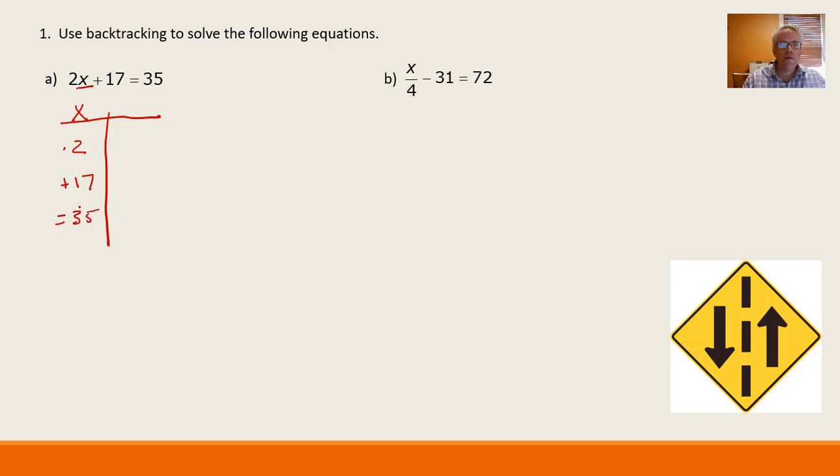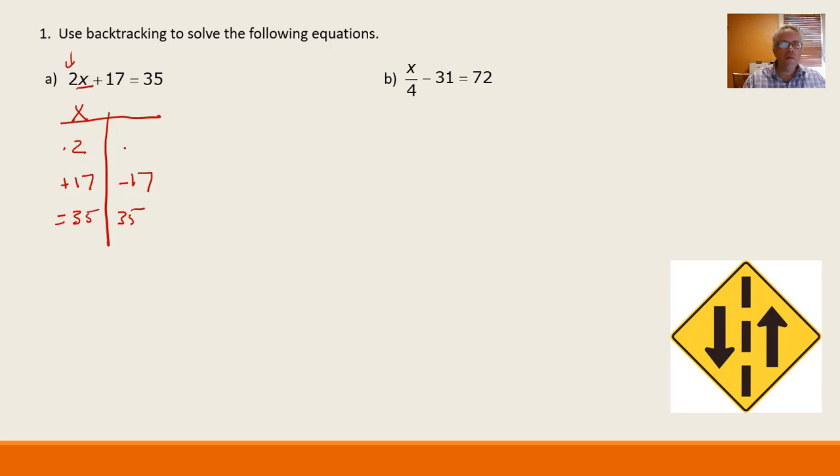So on the left side, we're just writing the steps of the equation, and we need an order of operations to do that. Multiplication comes first, so we're multiplying by 2 first, and then adding 17 in this case. So we're going to undo that. We're going to start with 35. We're going to subtract 17.